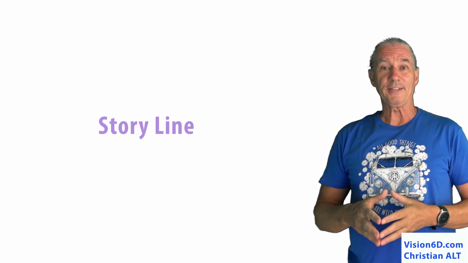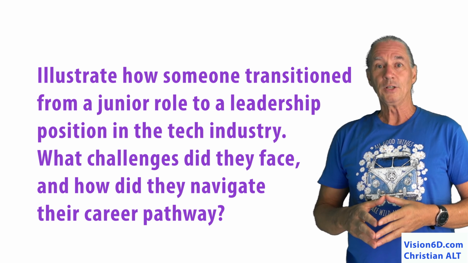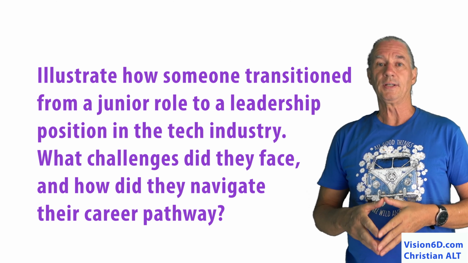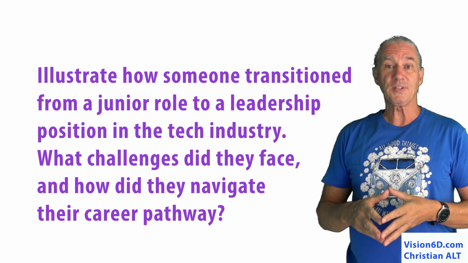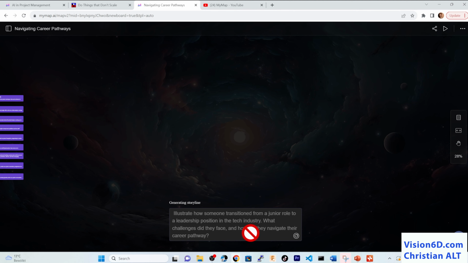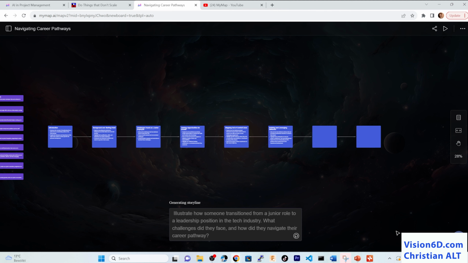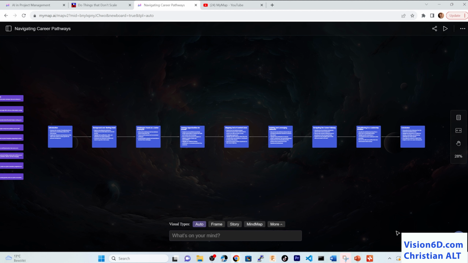To illustrate what storylines are, I asked the app to tell me about a career path in the tech industry for someone going from a junior position to an advanced leadership position, with of course all the challenges the person faced and how they navigated that career path.